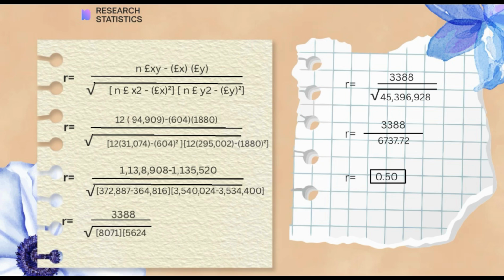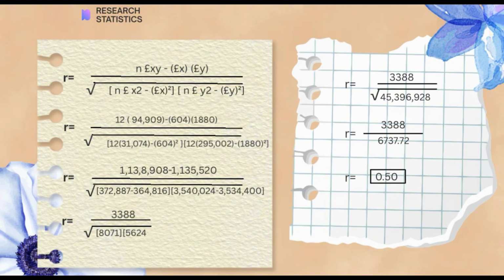Then we solve the denominator by subtracting the square of the sum of x from the sum of x squared and doing the same process for y. After that, we multiply the two results and find the square root of their product.